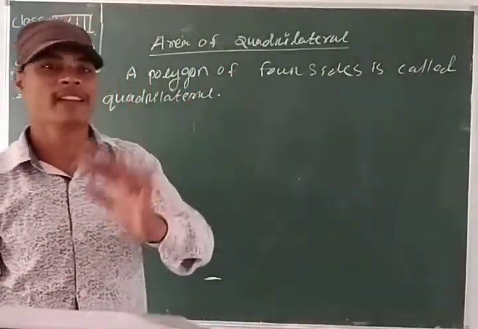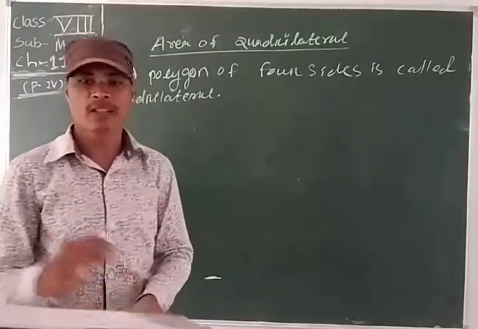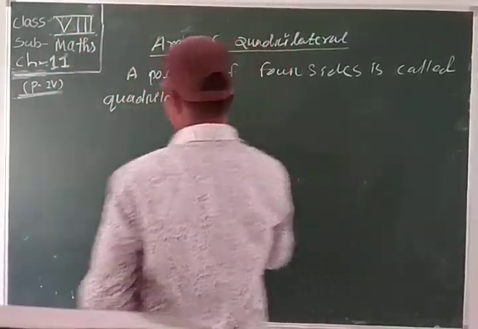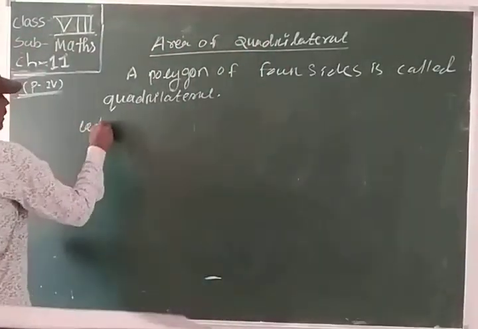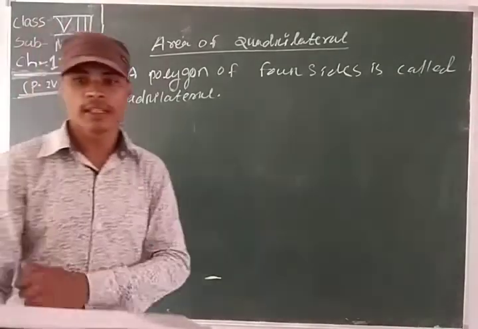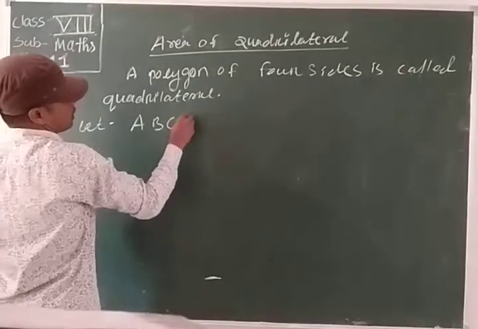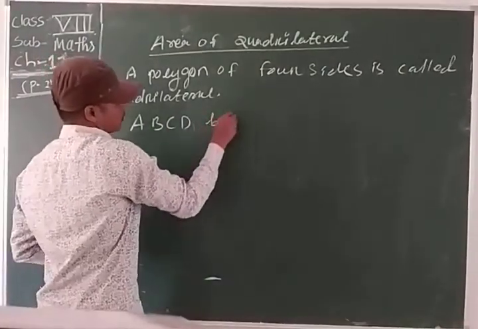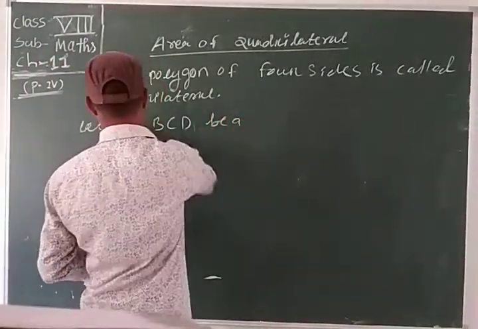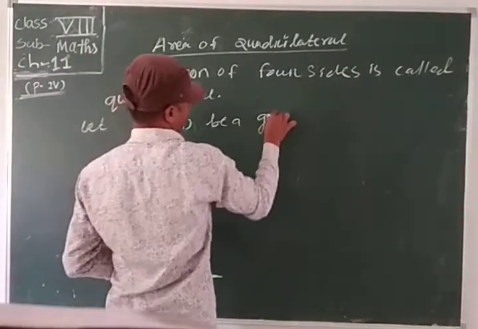Then how can we find the area of quadrilaterals? First we draw a quadrilateral figure. Let A, B, C, D be a quadrilateral.